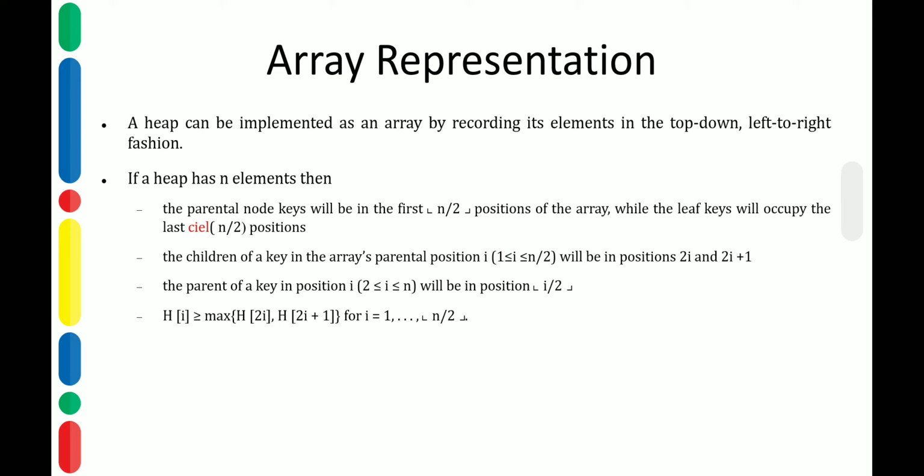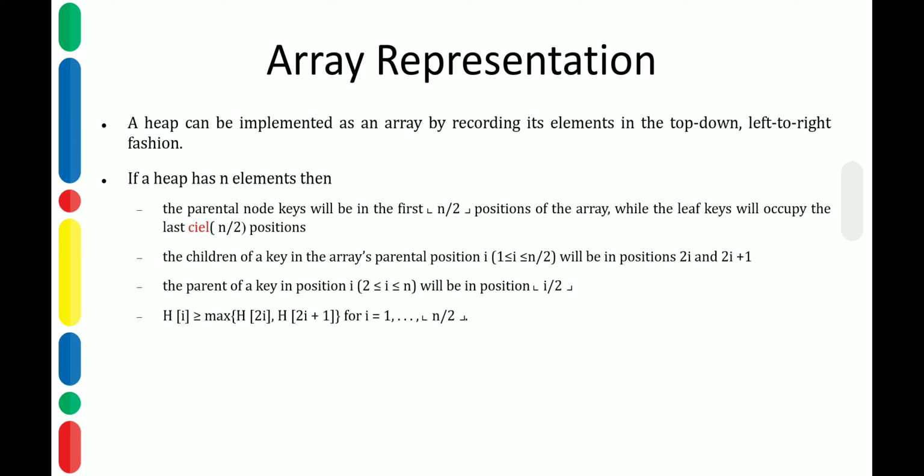Consider a heap that has n elements. Out of these n elements, the first n by 2 positions, where you have to observe that we have the floor function around n by 2, will be parent nodes, while the leaf nodes will occupy the remaining n by 2 positions, rounded up, the ceil function.